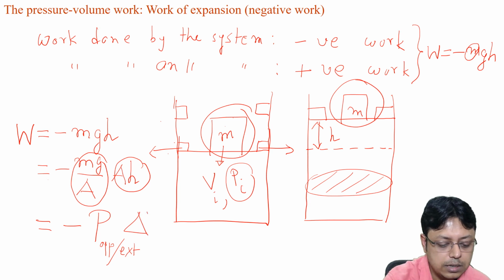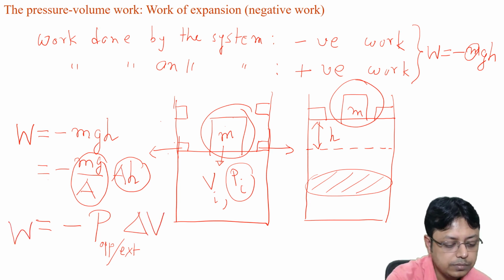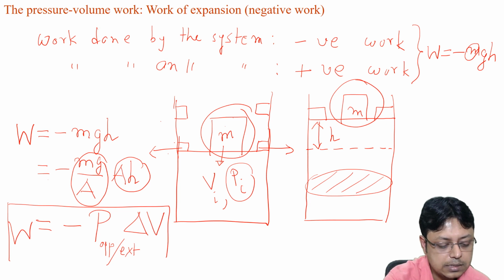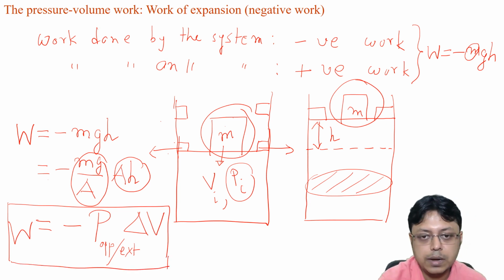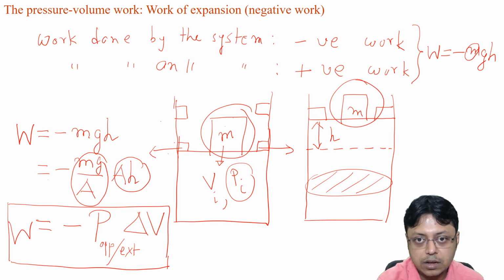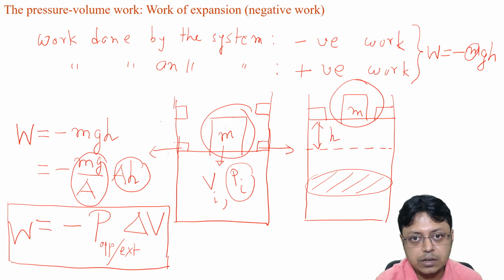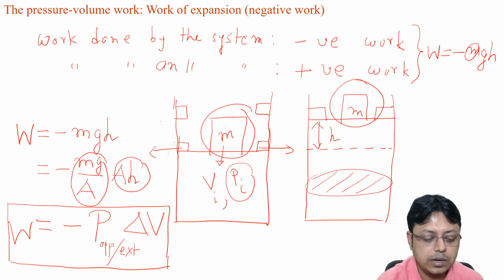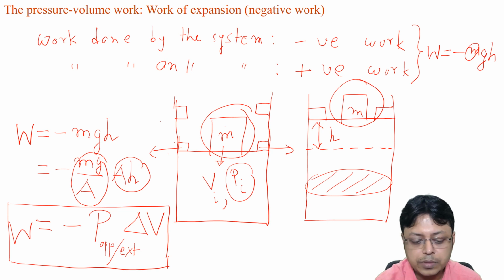So what we got is an expression for the work done as minus P opposing, or minus P external, into delta V, where P external is the external pressure that was acting on the system during the expansion or compression. We'll also talk about compression. It means during the change, the acting pressure is denoted as P opposing or P external, and delta V is the associated volume change.